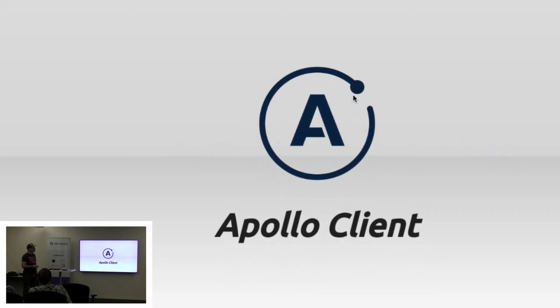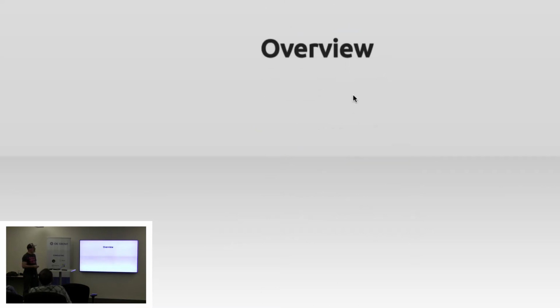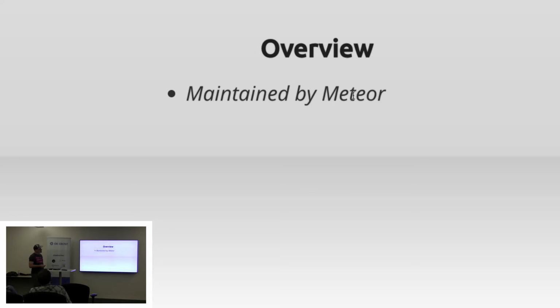So Apollo Client. Apollo Client is probably the most used client in GraphQL. So probably if you are using GraphQL today, you are using Apollo. I'm going to give you an overview. This is a client maintained by Meteor. The latest release is 2.3.4, and that includes a lot of different packages.